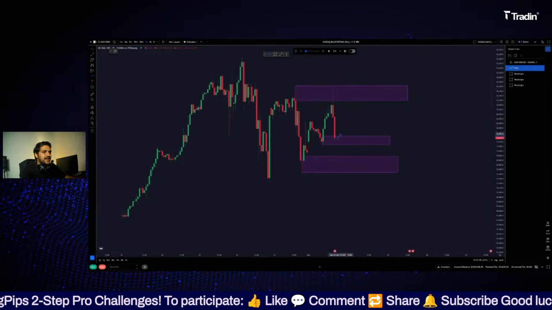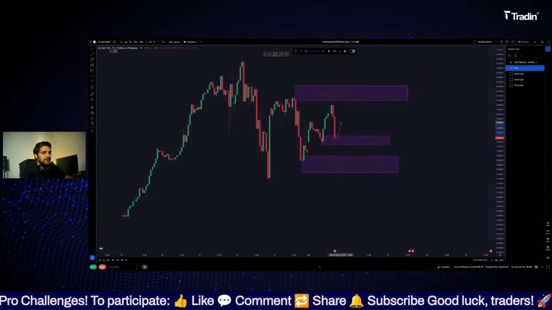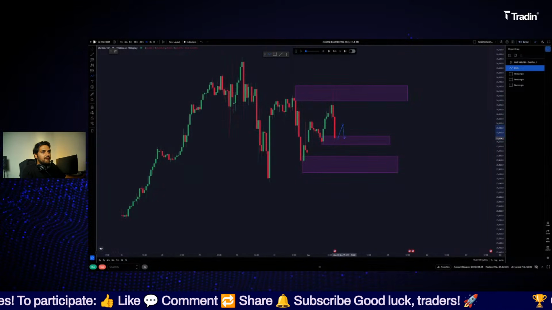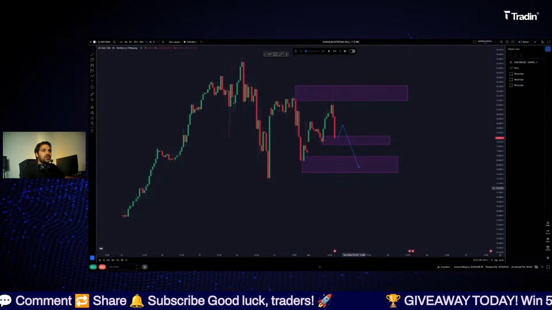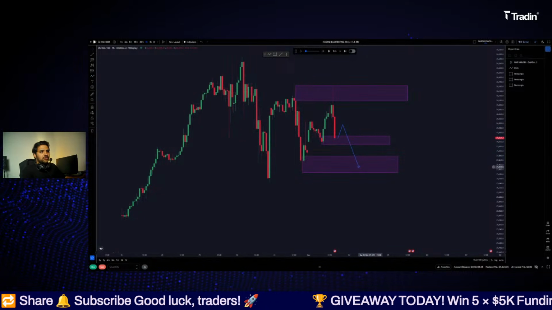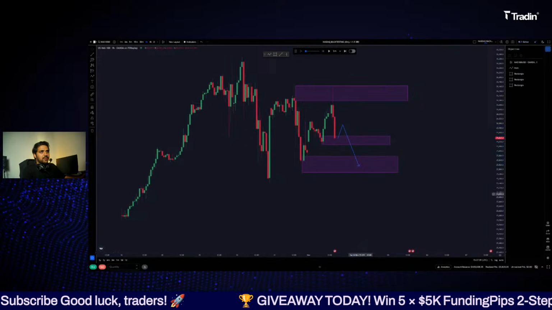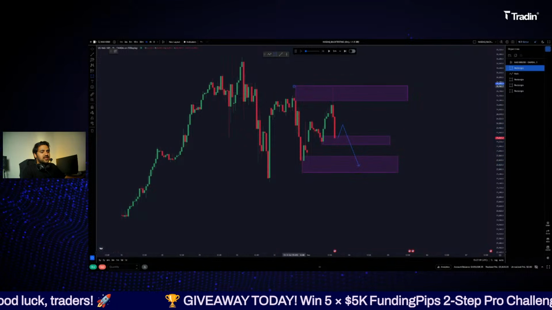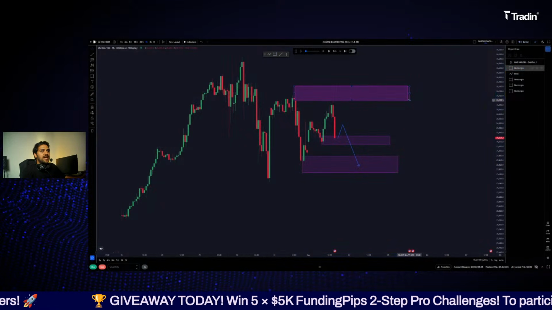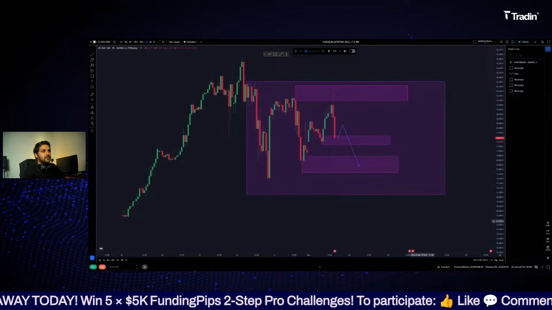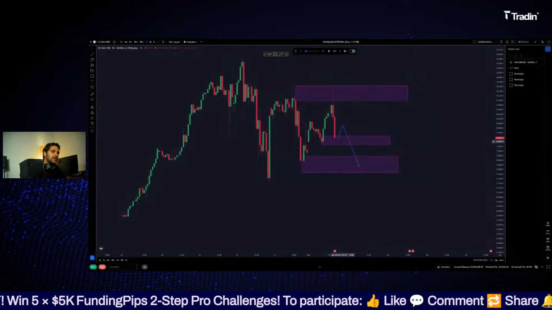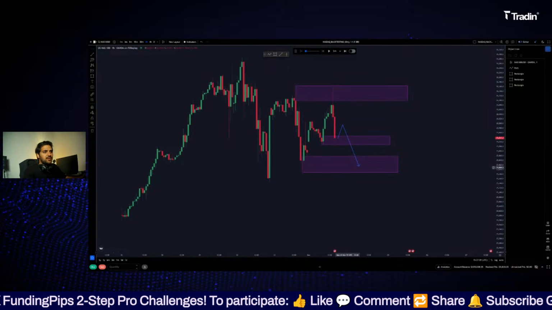Now, if I see price action going up from here, then I will be looking for another sell opportunity back to the downside to this extreme order block, to this extreme demand zone. Because when price action tapped into this supply, this was your extreme supply zone in this overall structure. So technically, we should be targeting this extreme demand zone.